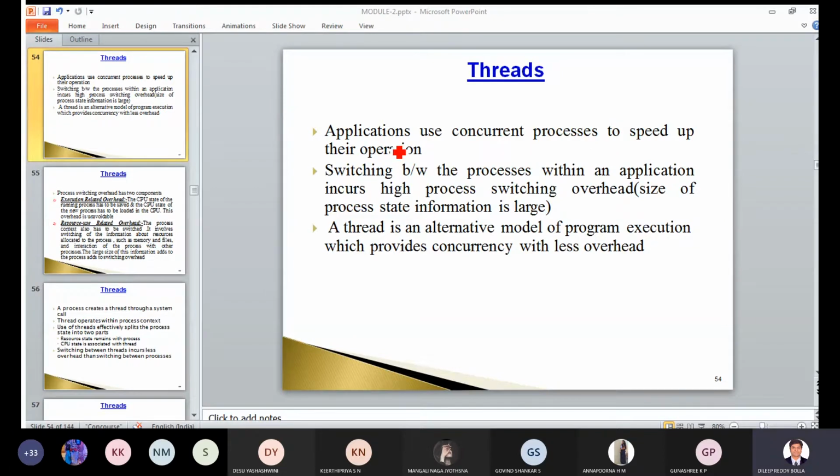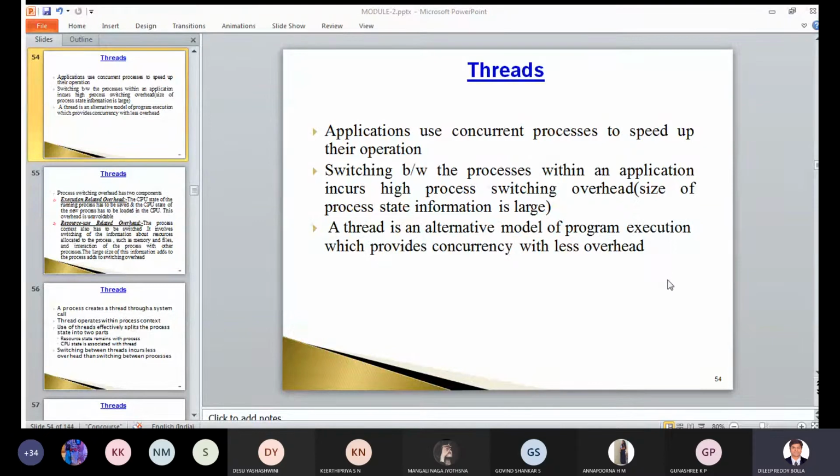Let us say, for example, we have one process here.